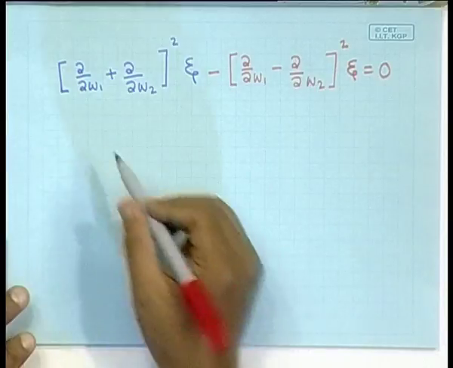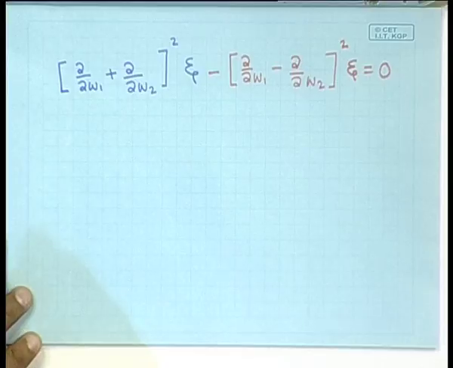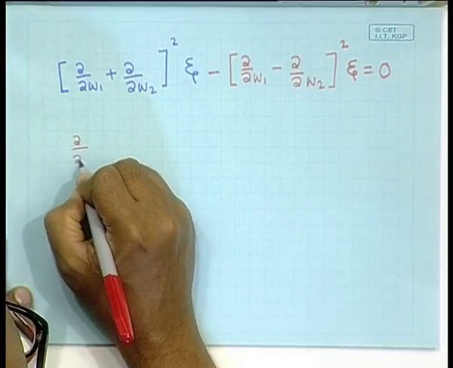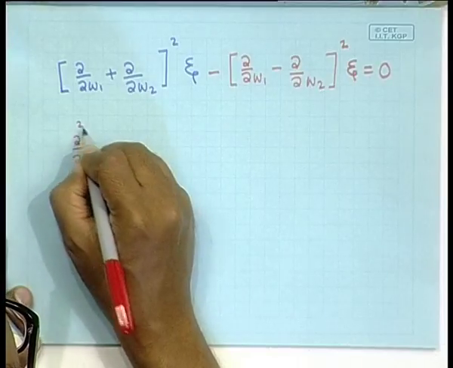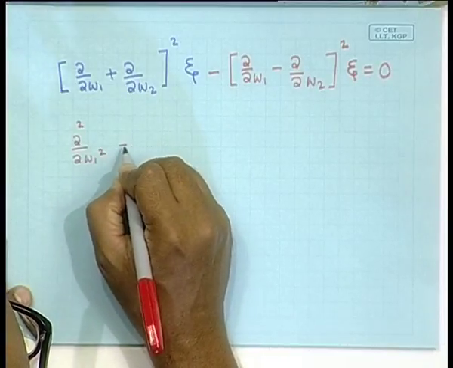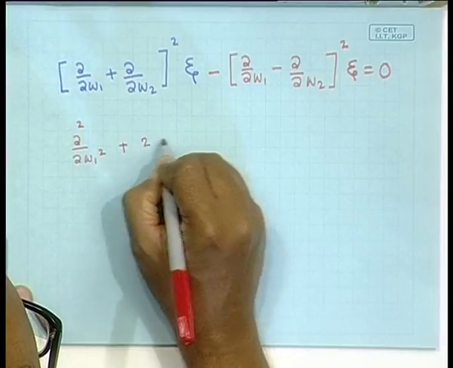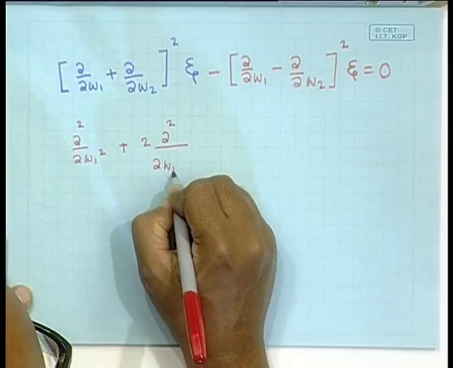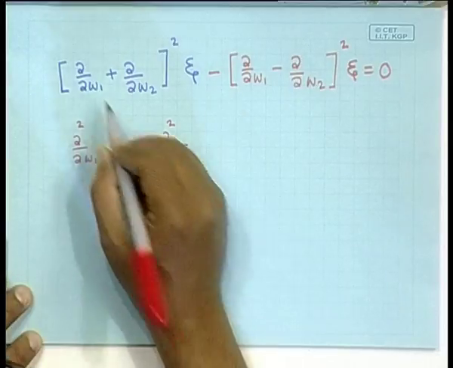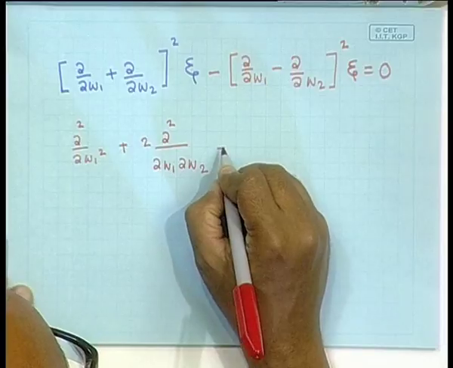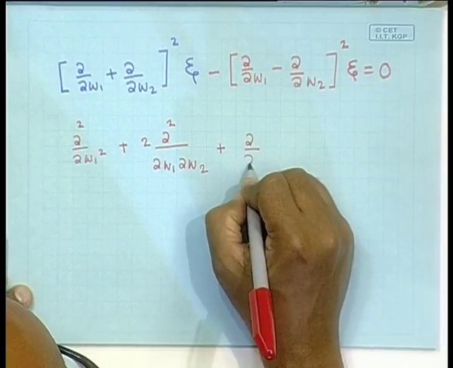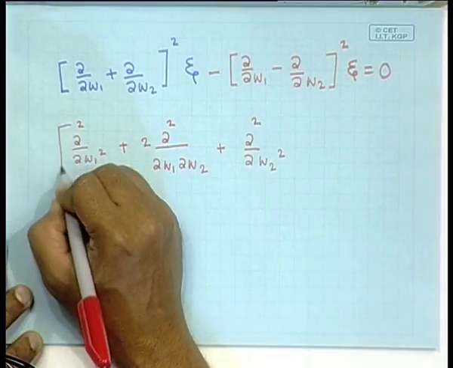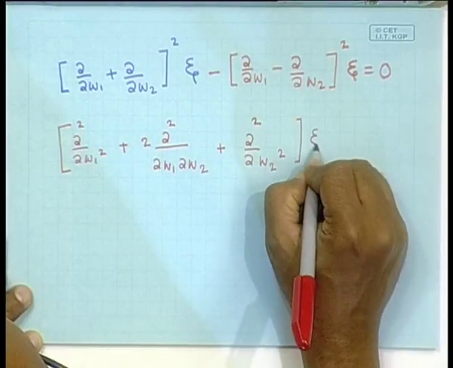Now when I expand out the first term, what I get is the partial derivative with respect to w1, squared, plus 2 times the partial derivative with respect to w1 and w2, which is the cross term, plus the square of the second term, this whole thing acting on psi.